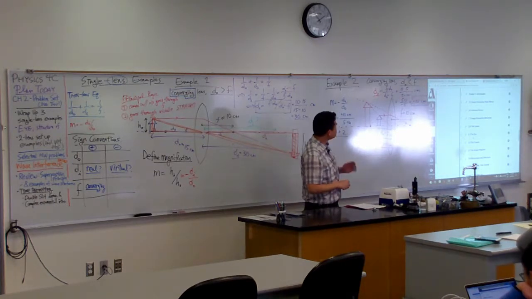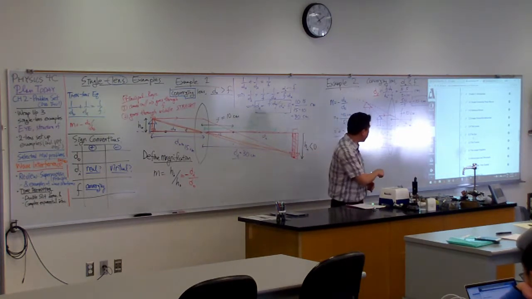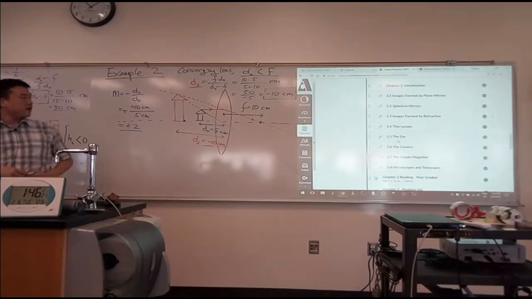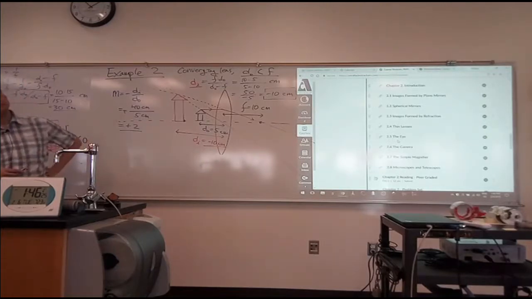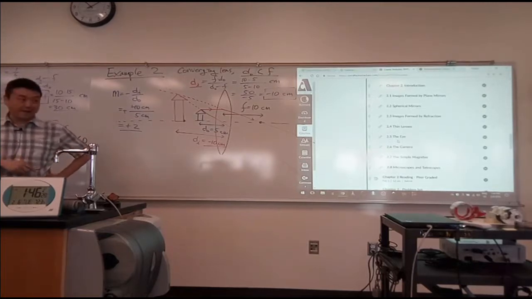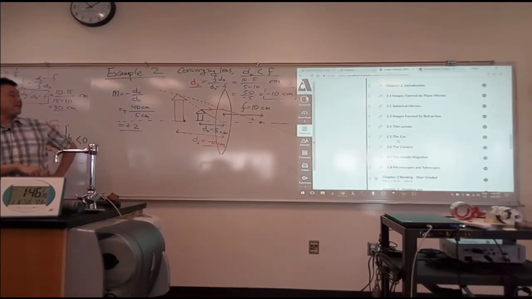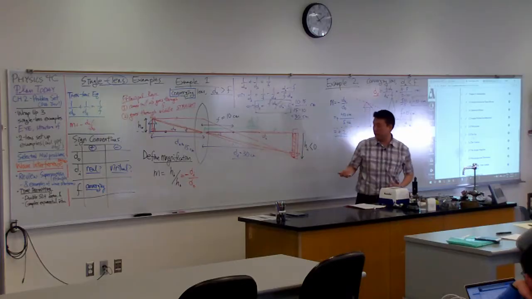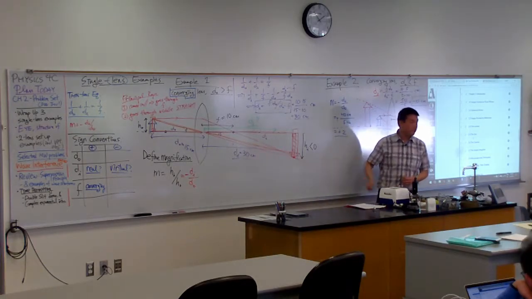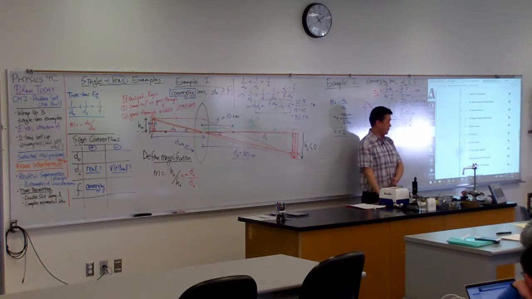how would you know? Let's say you are looking at a ray diagram like this. If you have a ray diagram, then it's pretty easy to tell when your image is virtual, because the rays don't actually come together, and when it is real, because they actually come together. So suppose you don't have a ray diagram.